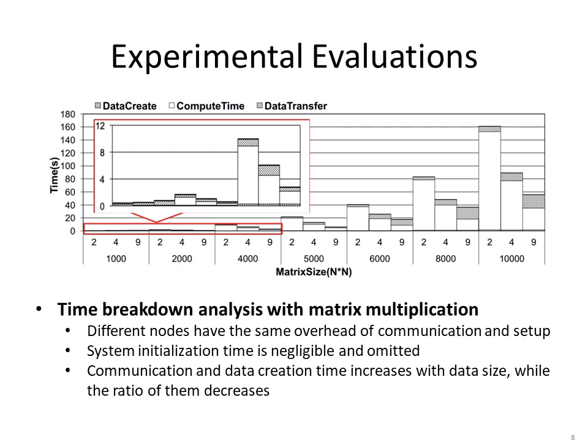The system initialization time is negligible when compared to the data creation, computation, and data transfer, so it is omitted in this figure. We can learn that the communication and data creation time increases with the data size, while the ratio of them actually decreases. This demonstrates that our framework is effective in terms of fully utilizing the computational capacity of the HPC clusters.